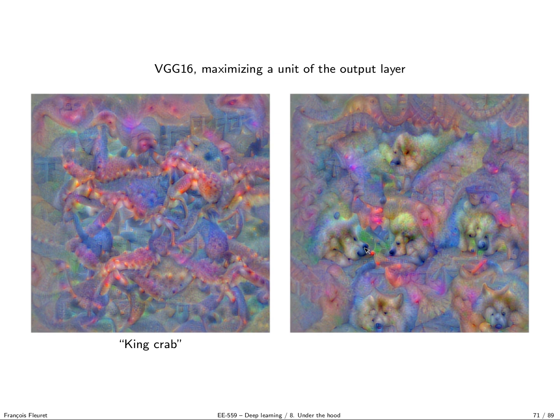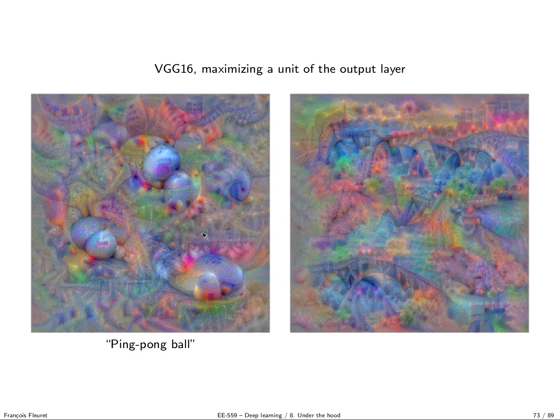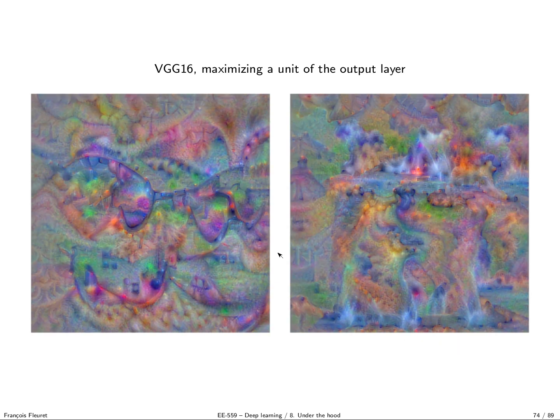Here it's a samoyed, which is a sort of Asian dog, and we see that indeed we have some of the heads and the ears. This is hourglass, and this is a paper towel, and it's very, very convincing. We really have the texture of paper towel. This is ping pong ball, and this is a steel arch bridge. Sunglasses and a geyser.